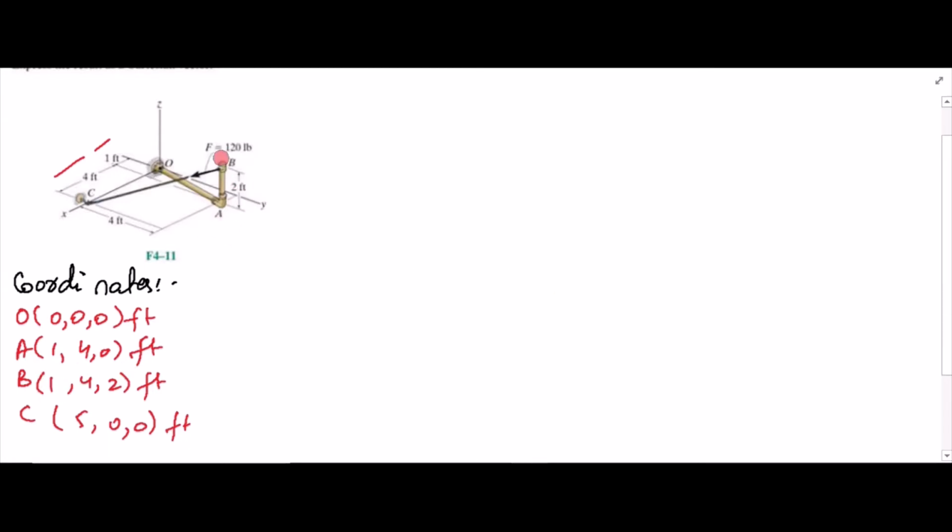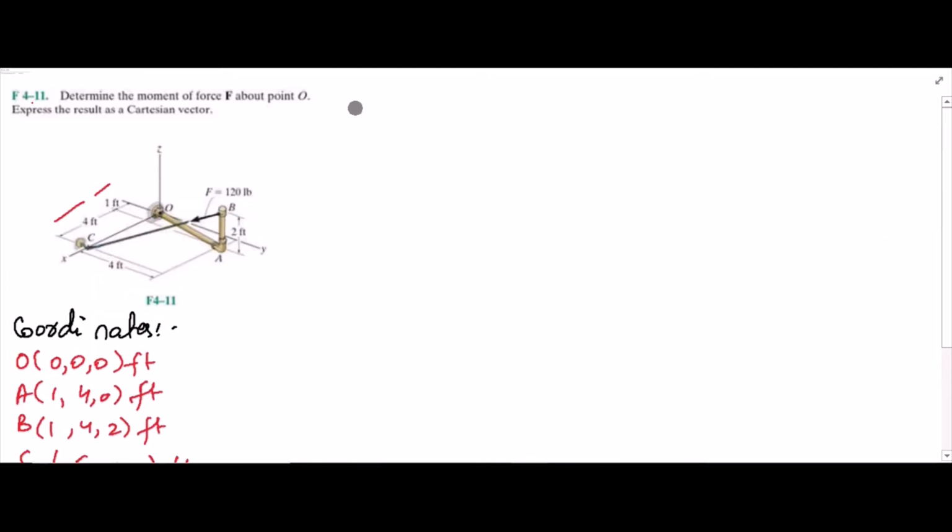Then we have to resolve this force F along the line BC. For the force F in Cartesian vector form, F is equal to its magnitude times its direction, and we can find the direction by using the unit vector along the line BC. For the unit vector, I have the position vector over its magnitude.